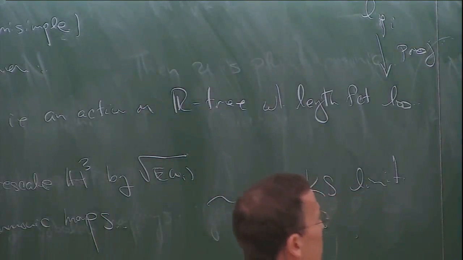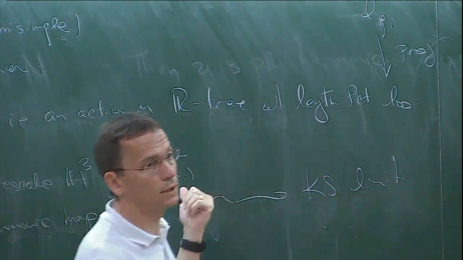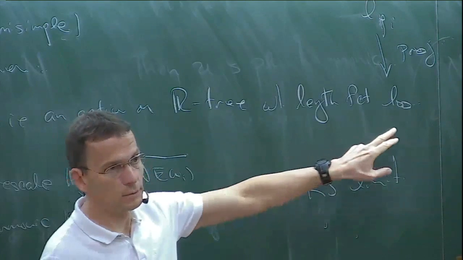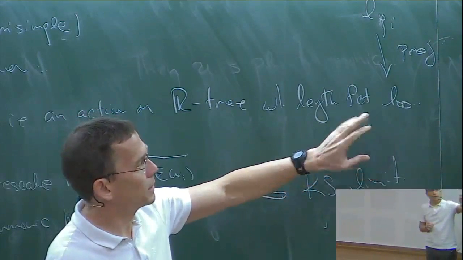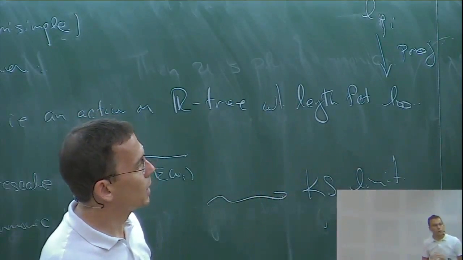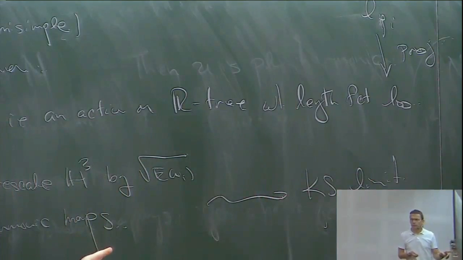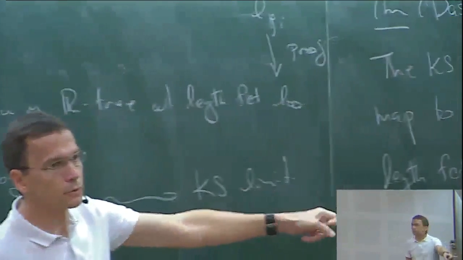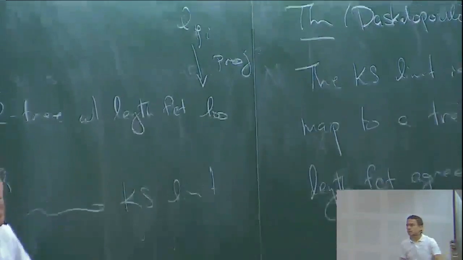So this is more general. I'm not assuming these representations are discrete and faithful, for example. So this action doesn't have to be small. But there's always a unique minimal tree. And so the Korevaar-Schoen limit is always minimal for some reason. And that minimal tree is the one that has this as its length function.